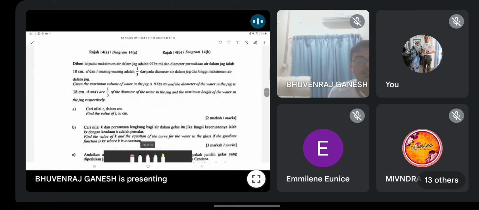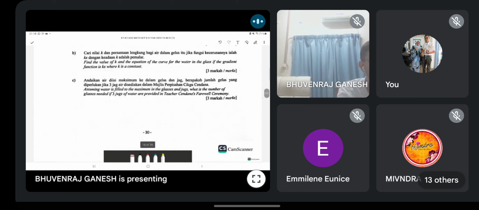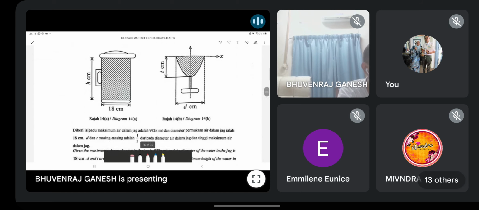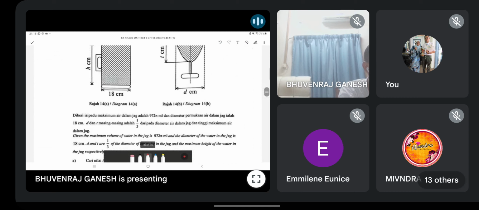Number 14. Okay, so we discuss number 14 now. Okay, so 14. Okay, so they say maximum volume of the water is 972 pi. Okay, means this one is 972 pi. Diameter 18. D and T 1/3 of diameter of the water.